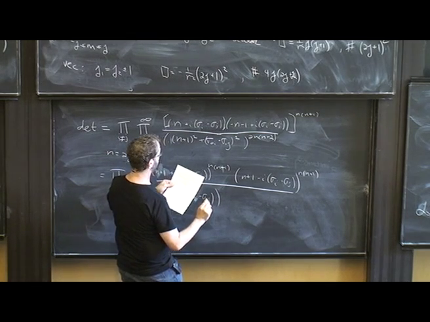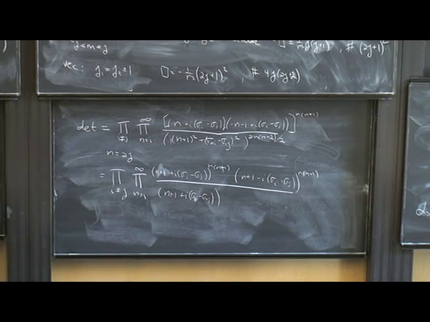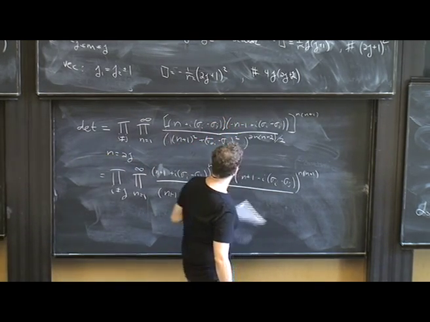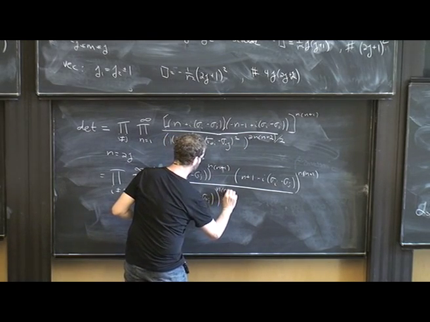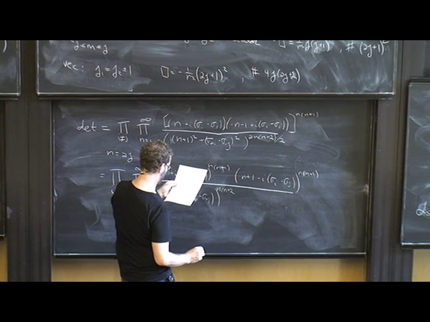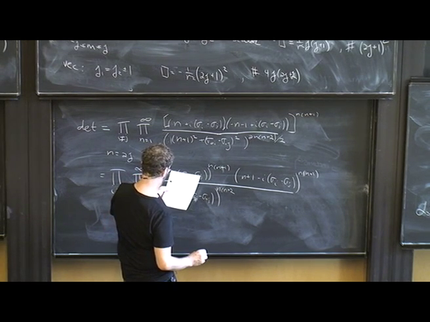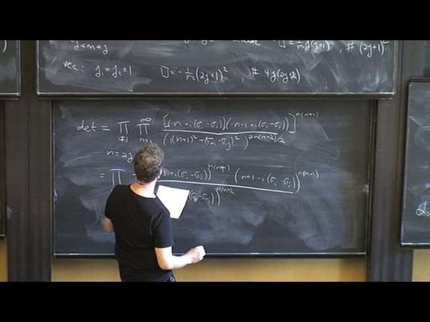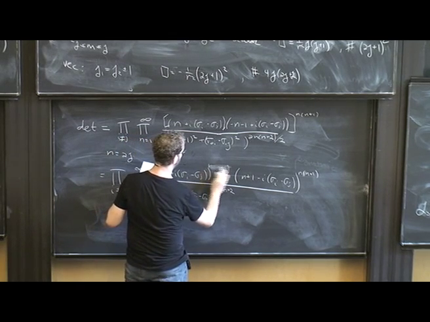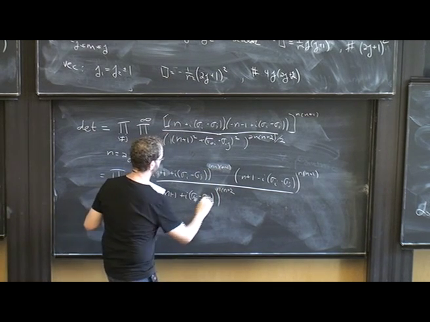Sorry. After I took this, it was divided by 2 because I needed a square root. Take the square root. The degeneracy: so I have n times n plus 1, sorry, this is n plus 1 and this is n plus 1, that's n plus 2.